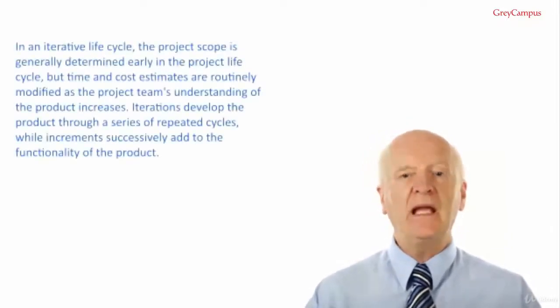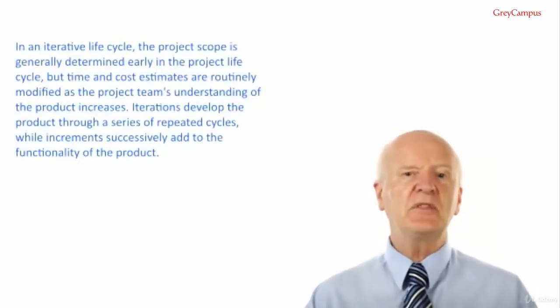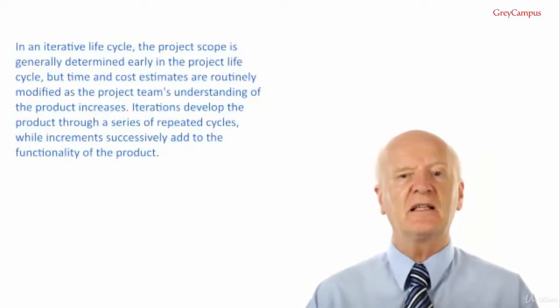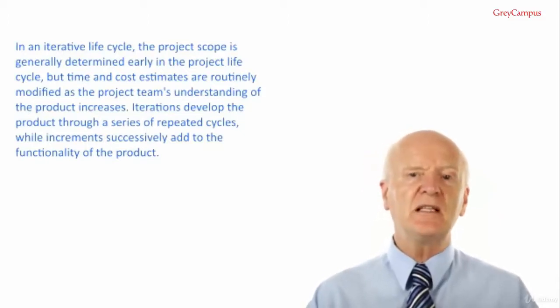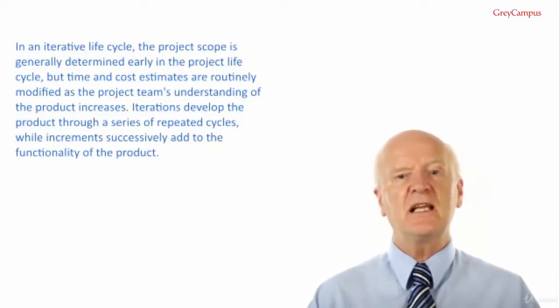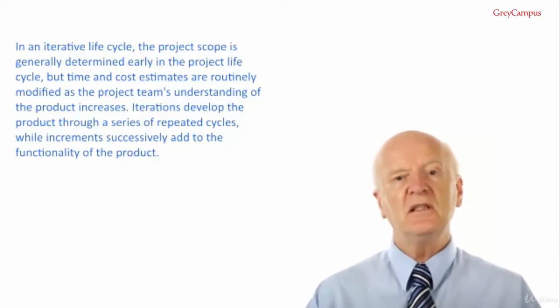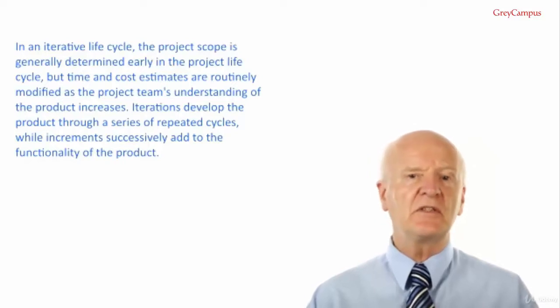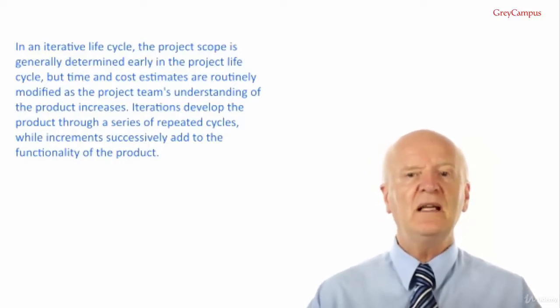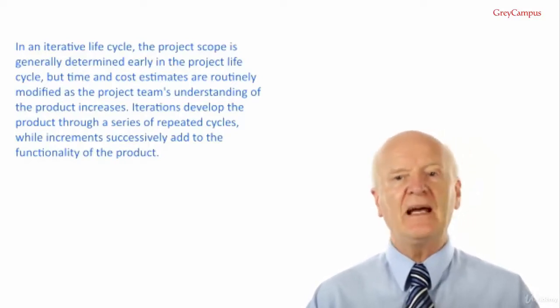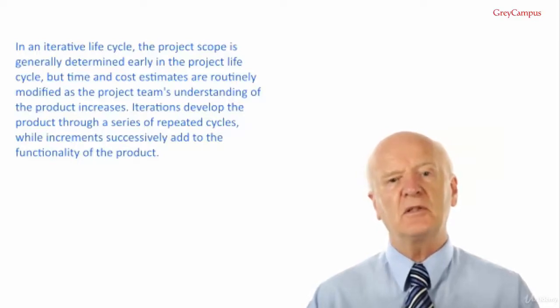And so it's like taking a canoe over a series of waterfalls. In an iterative life cycle, the project scope is generally determined early in the project life cycle, but time and cost estimates are routinely modified as the project team's understanding of the product increases. Iterations develop the project through a series of repeated cycles, while increments successfully add to the functionality of the product.